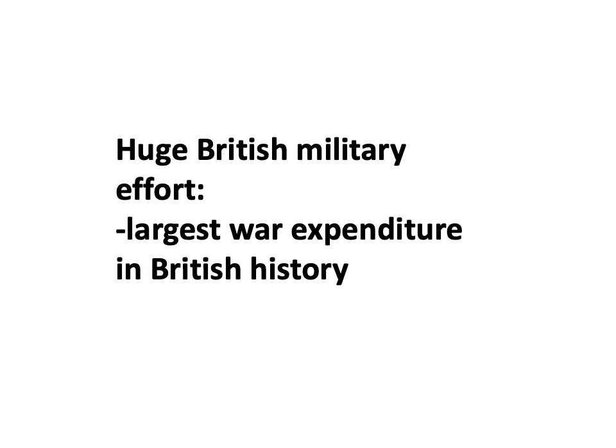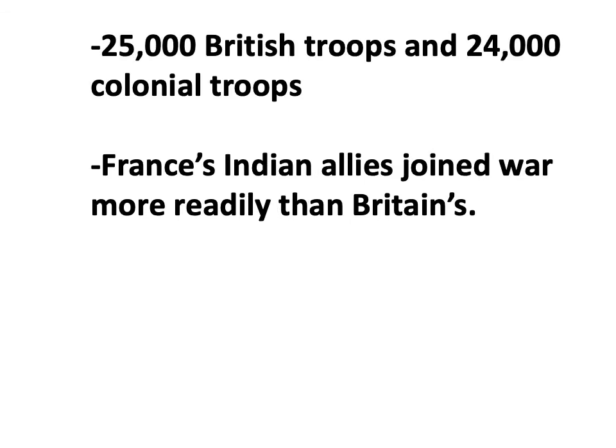For the British, this was a huge military effort. In fact, it was the largest war expense in British history until that time, because it was a global war. In North America, about 25,000 British troops crossed the Atlantic to fight in this long, protracted war.